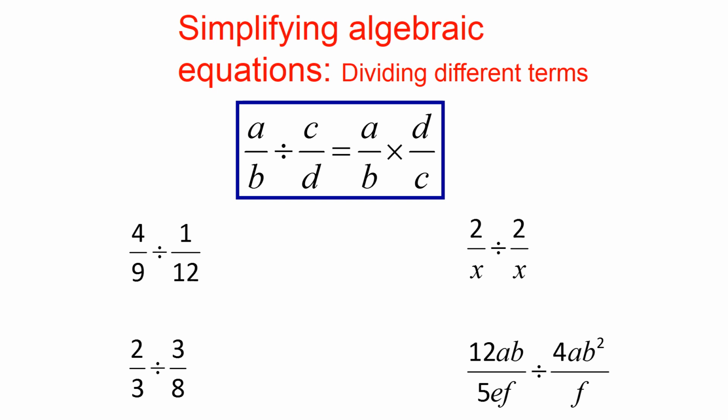Okay, so when you're doing division, exactly the same rule, except you turn the second fraction upside down. So in this case, the top one becomes AD over BC. Over here, this would be 4 times 12 divided by 9 times 1, so 48 ninths.